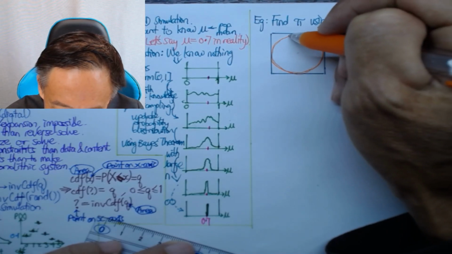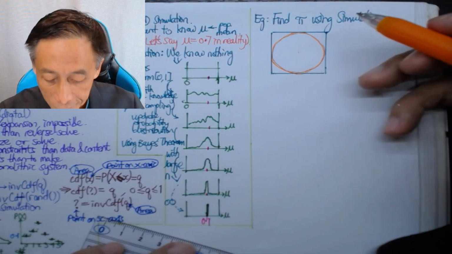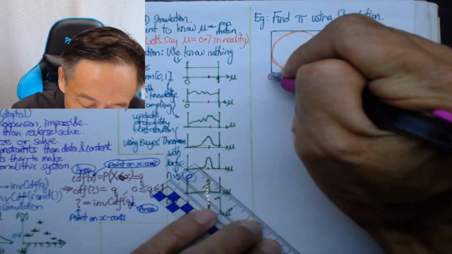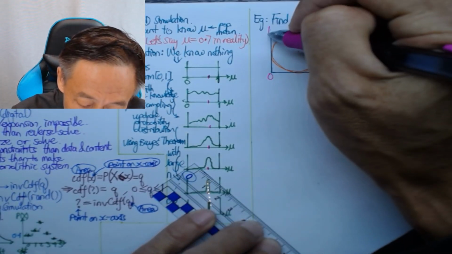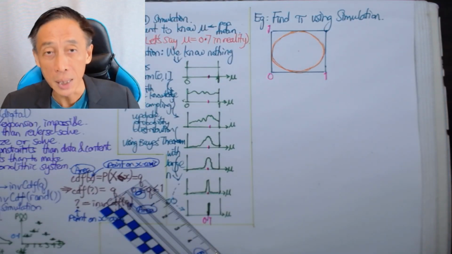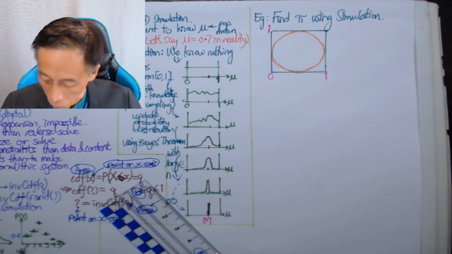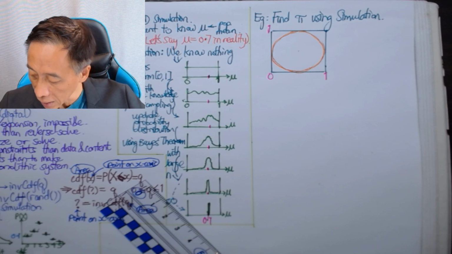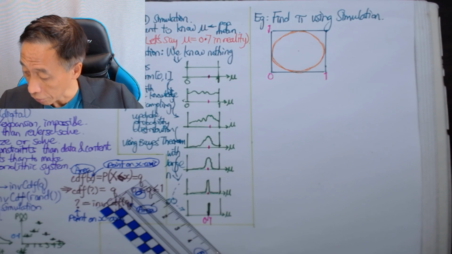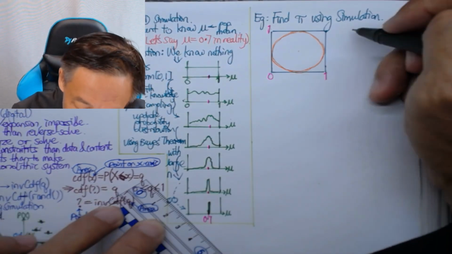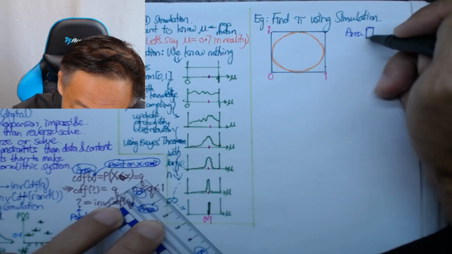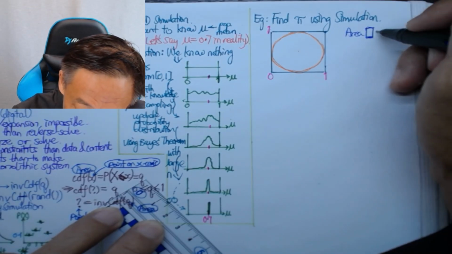All right, you guys see this circle, right? So this circle, if I say that the square has 1 unit in length, that means the area is 1. So we can safely say that the area of the square is going to be 1.